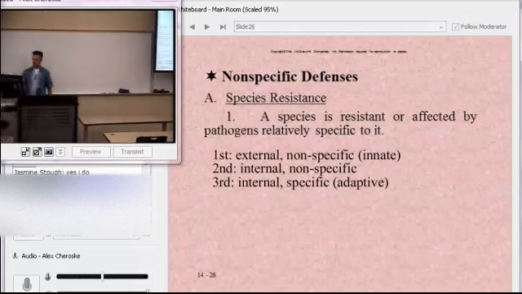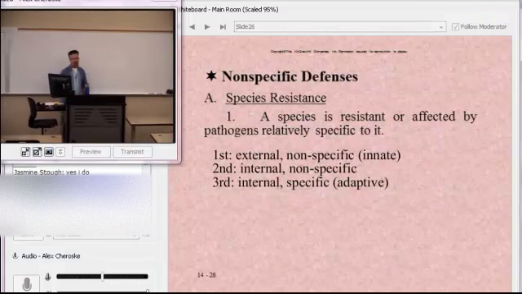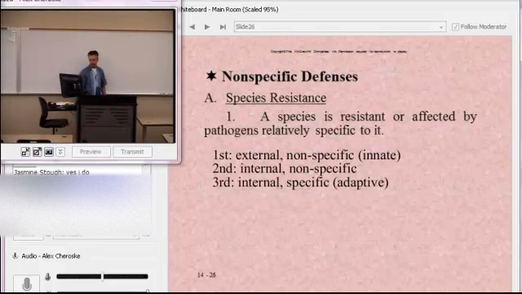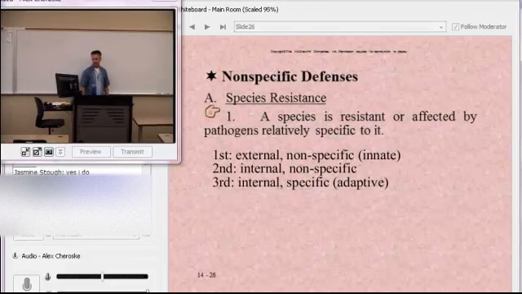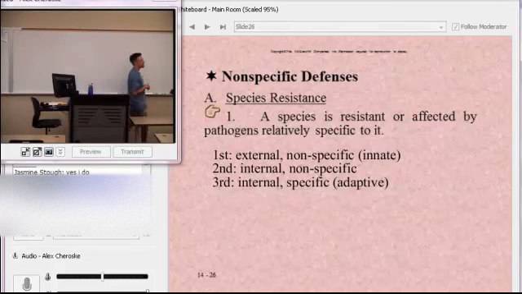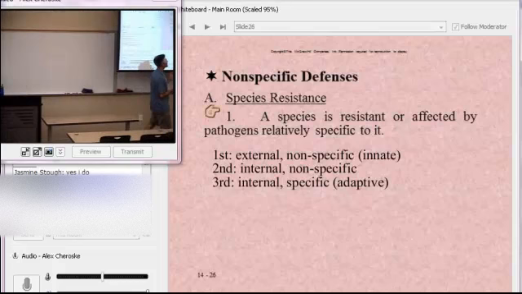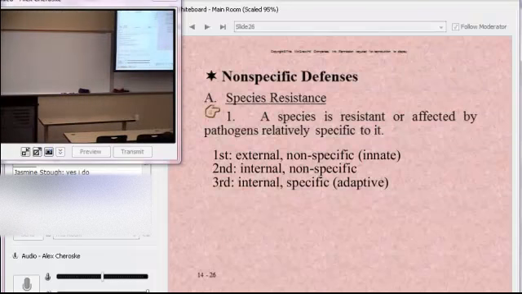Okay, so let's focus for a minute on our first line of defense, which is external, non-specific. Our first example, which we'll see on the next page, is species resistance, which actually counts as a non-specific external defense. There are certain diseases that only affect particular animals or organisms.